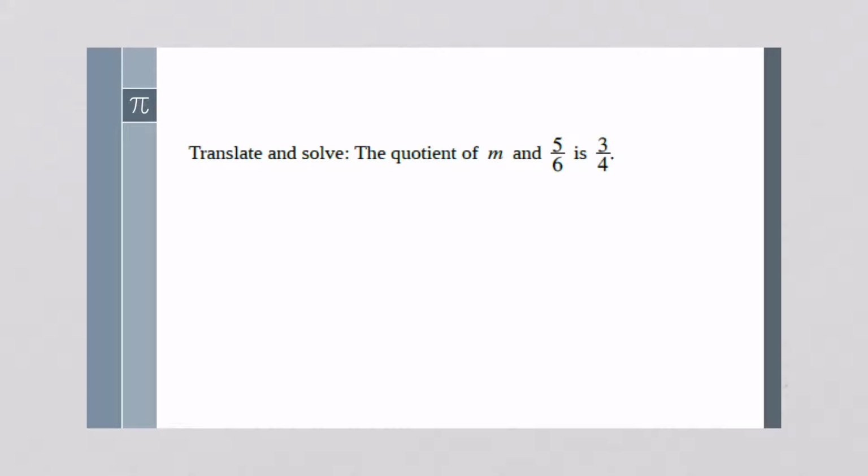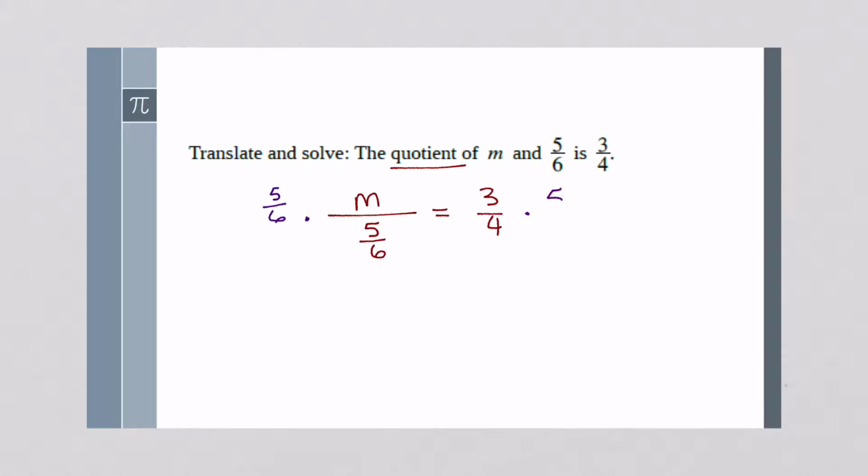Okay, for this problem, they're using the fancy word for divide. They're using quotient. So we would write this as the quotient of M and 5/6 is written like this. M divided by 5/6 is, means equals. Now what's happening to our variable? It's being divided by 5/6. So what you can do is you can multiply by 5/6.